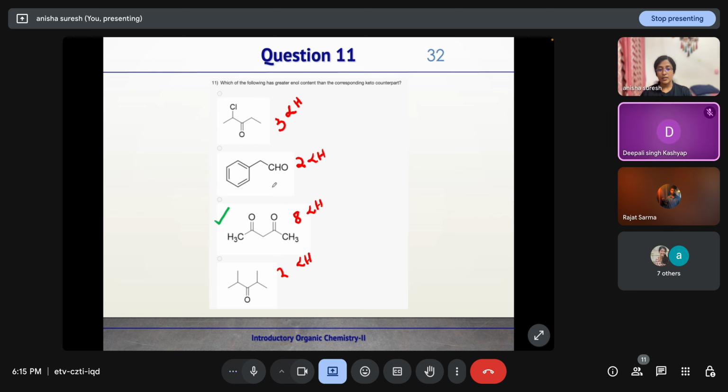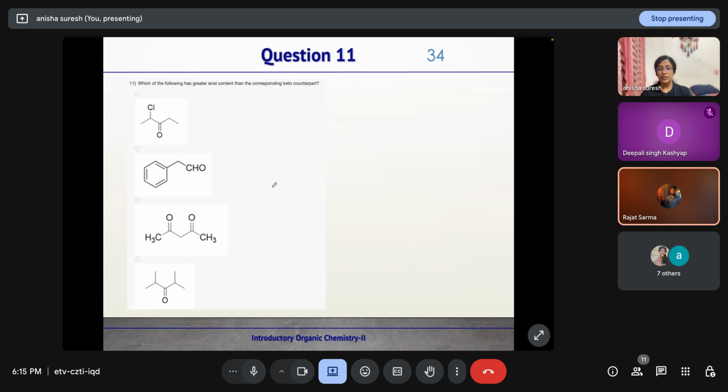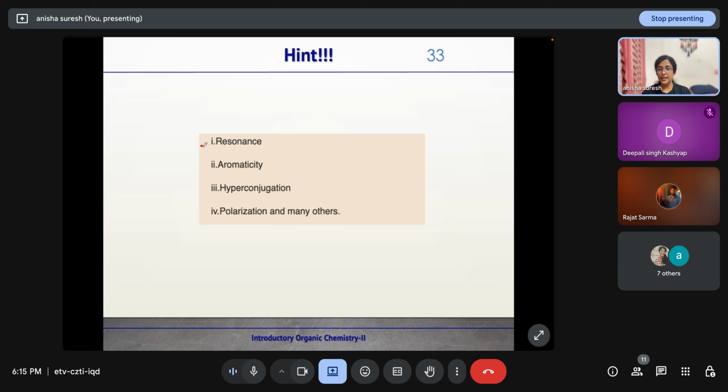The factors we have to consider are resonance, aromaticity, hyperconjugation, conjugation, polarization, hydrogen bonding, etc. We are considering just hyperconjugation in this example, that is, we are counting the number of alpha hydrogens.